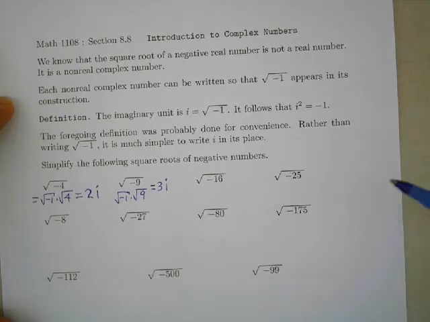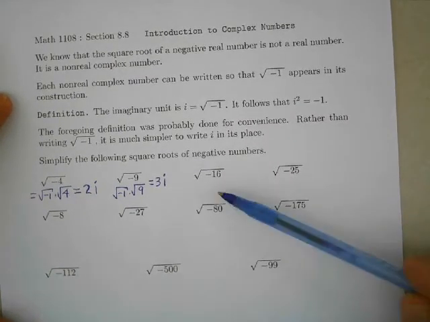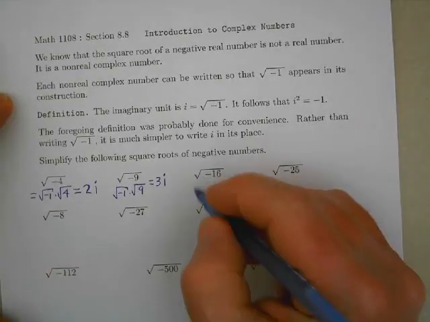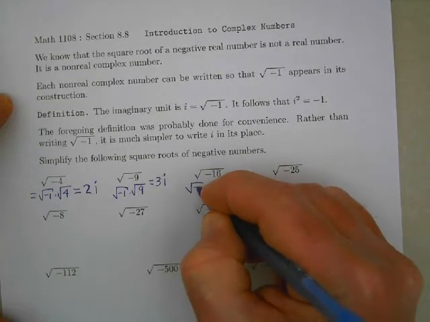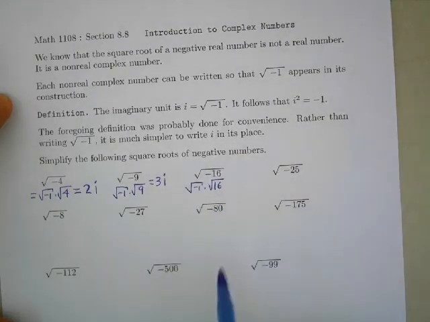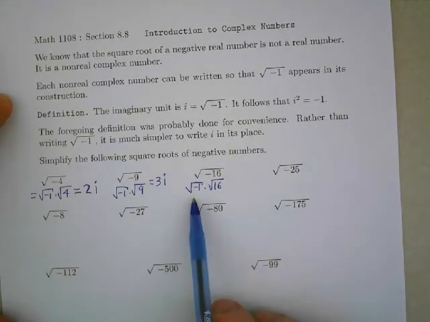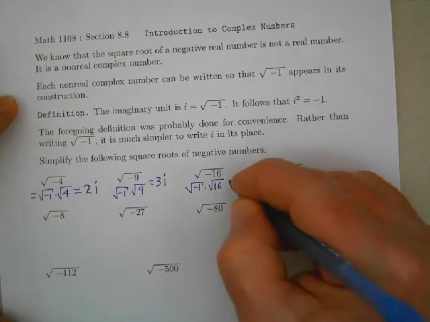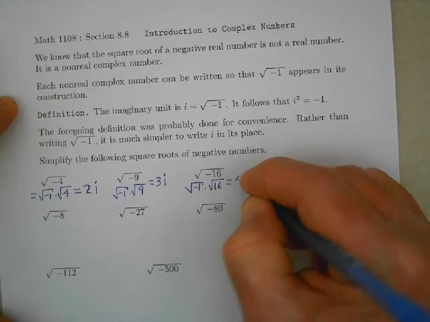So by now you no doubt know the pattern. For this one, the square root of -16, this is the square root of -1 times the square root of 16. The square root of -1, we will replace that with the letter i for convenience, and the square root of 16 is 4, so this is just 4 times i.